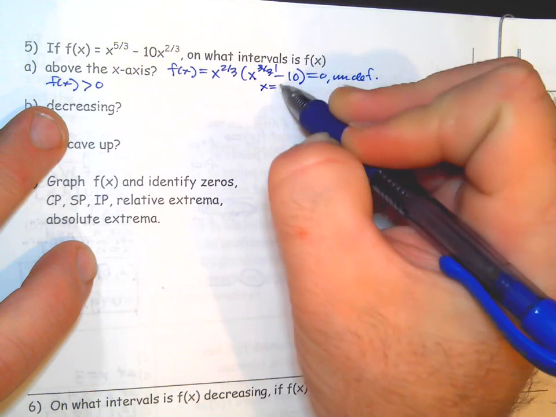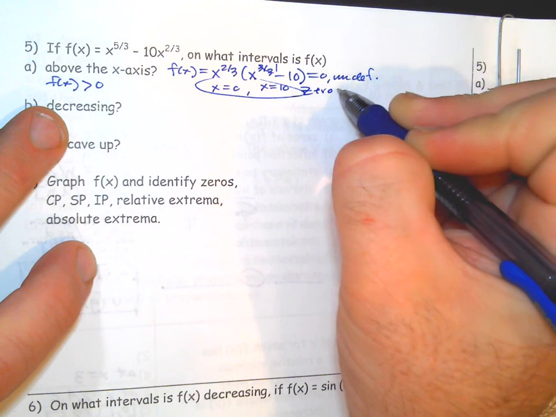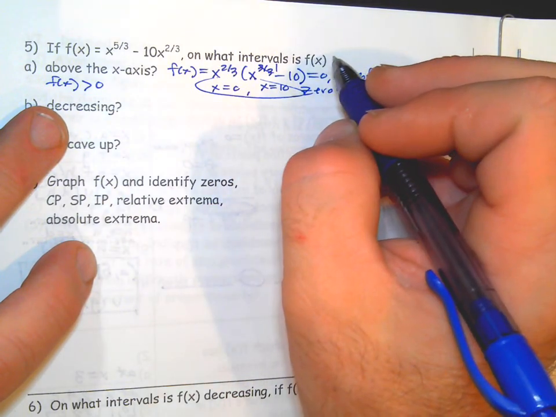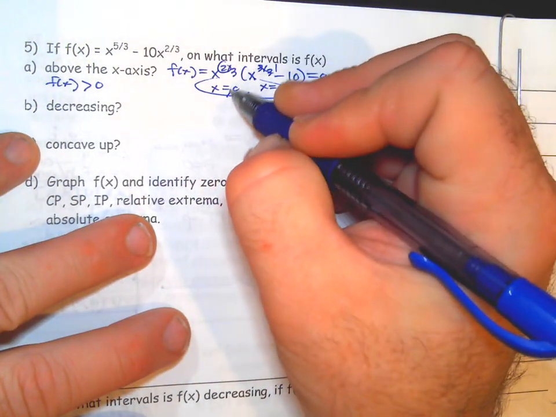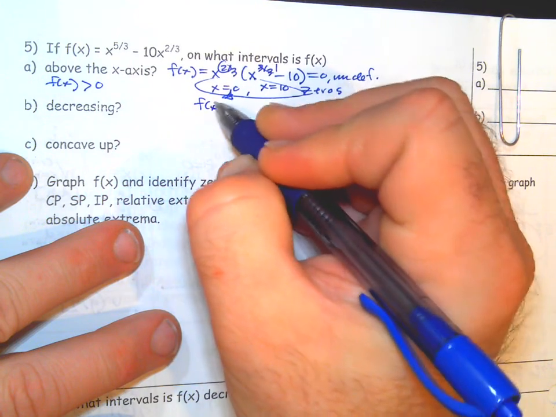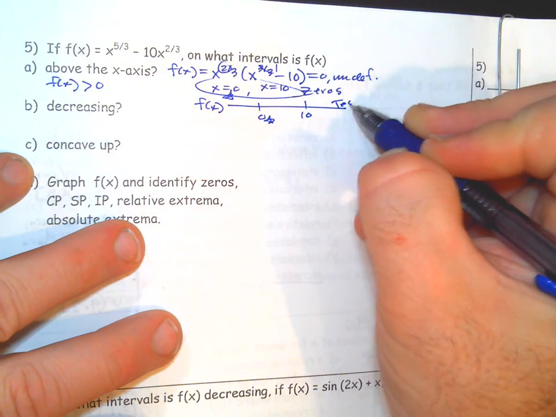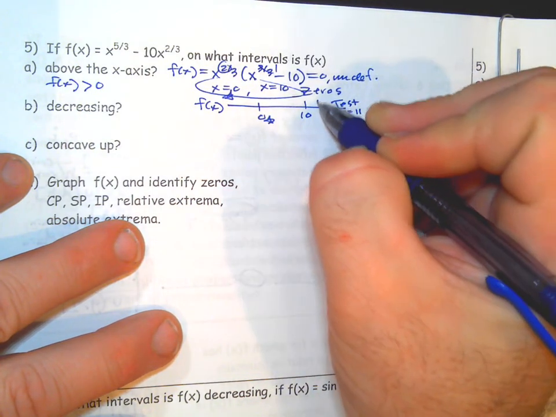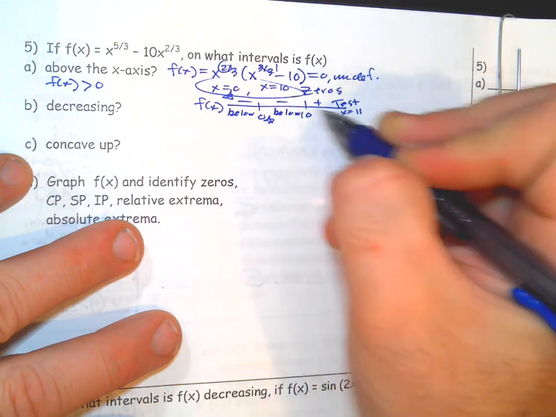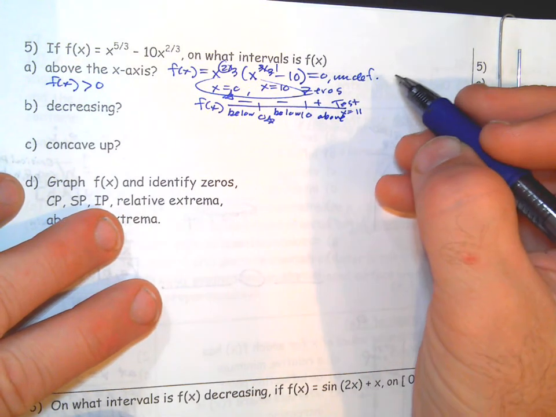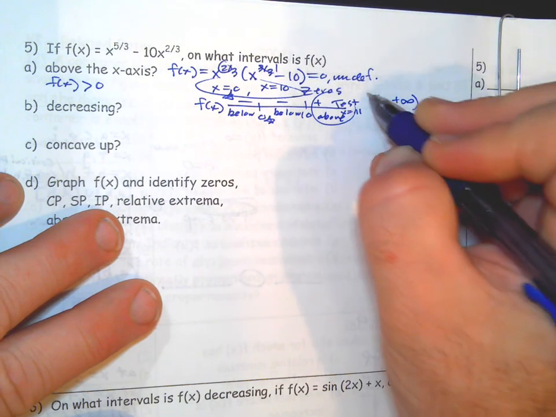So x equals 10 and x equals 0 are zeros, not critical points. Let's see, this one is going to get repeated. So if we do a line check on the original function, 0, 10 repeated, test a value, x equals 11: positive, negative, negative, so it's below the x-axis, and above the x-axis. We want to know where it was above, so it's from 0 to positive infinity. You should not include the endpoints on that.